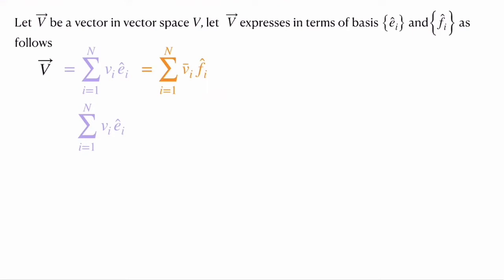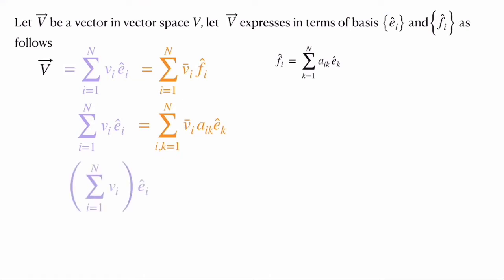Now we look at the expression for F hat and write it in terms of E hat, as we have done this transformation earlier for transforming the basis. So we substitute Fi in terms of Ei with Aik as the coefficients of the transformation.